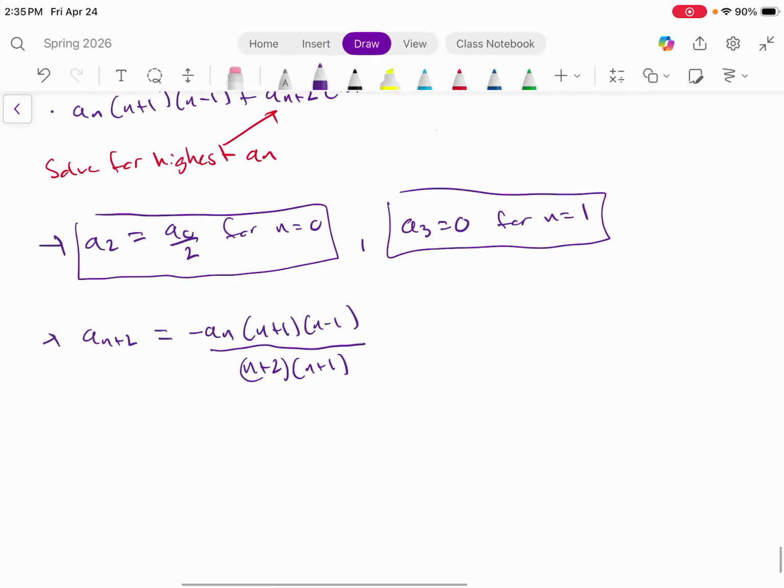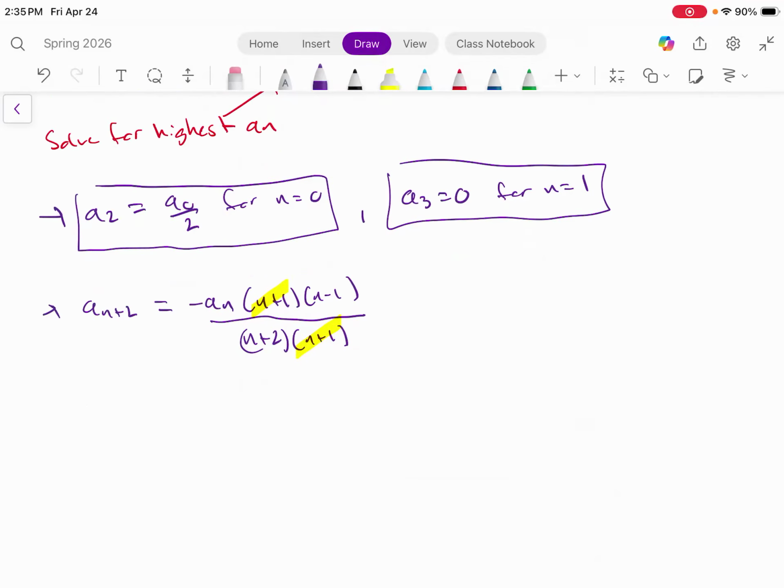Okay, and that even helps out a little bit. Things actually cancel out here. The n plus 1s cancel out, so that works out well for us, something less to worry about. So we get a sub n plus 2 equals negative a sub n times n minus 1 all over n plus 2 for n equals 2, 3, and 4.